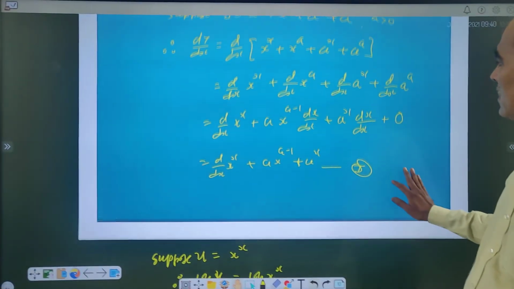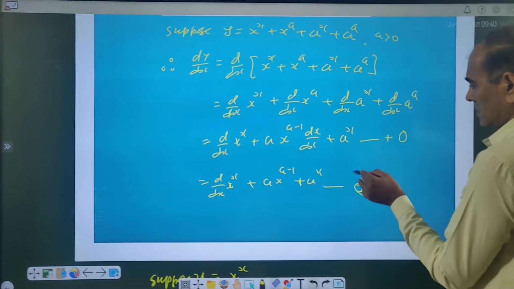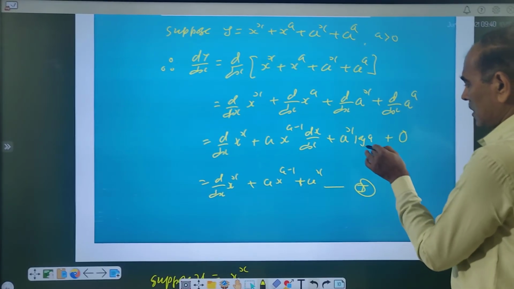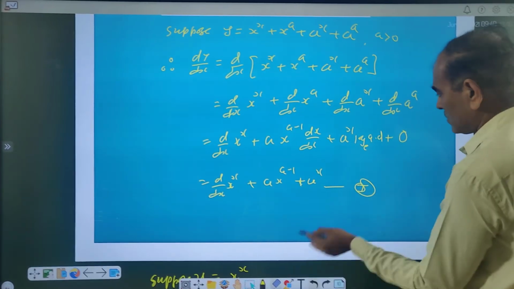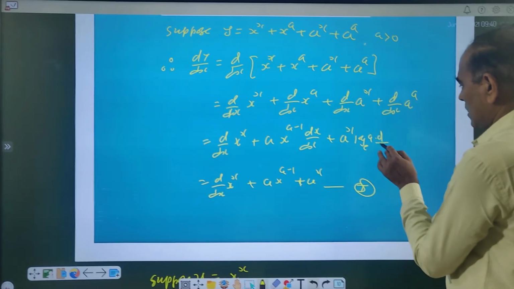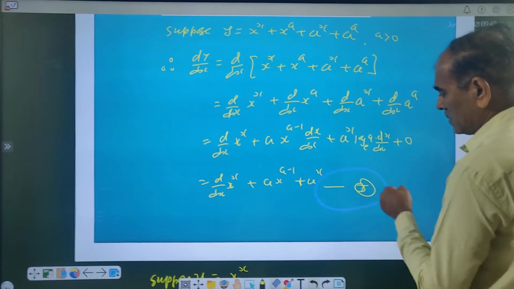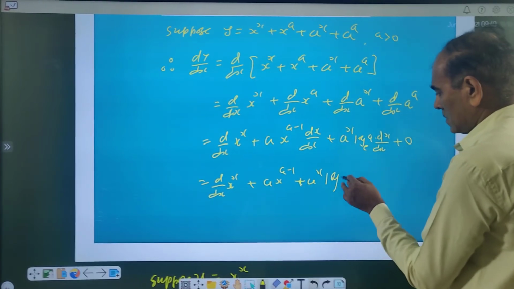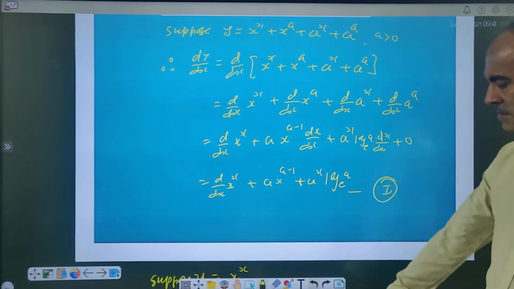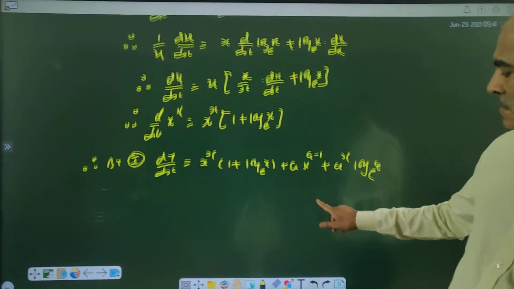What is a raised to x? a raised to some function has derivative a raised to the function into log a into d by dx of that function, plus 0. So we get log a here. So we get this thing. This is the answer, okay?